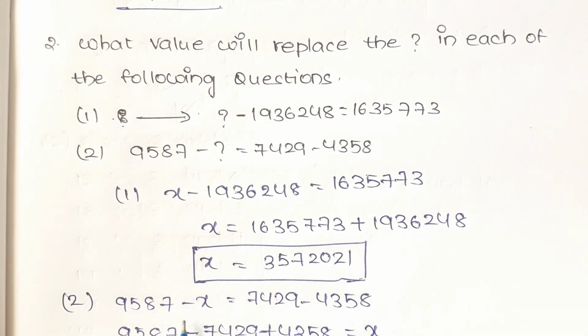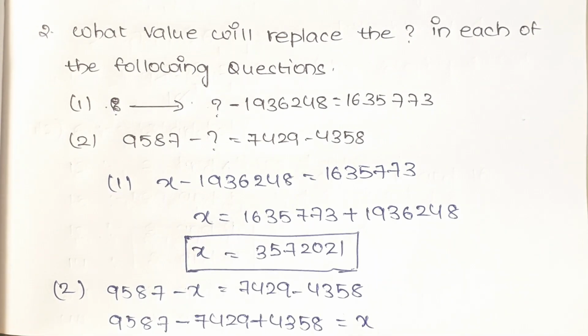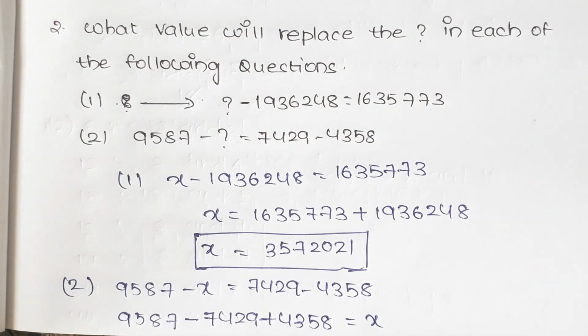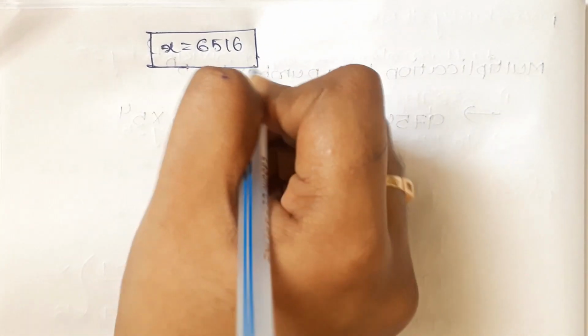Here we have negative x, so we should make it positive. In order to do that, we should take these values to the LHS and this value to the RHS side. And now we should do this problem, and we will get x equals 6516, and this is the x value.